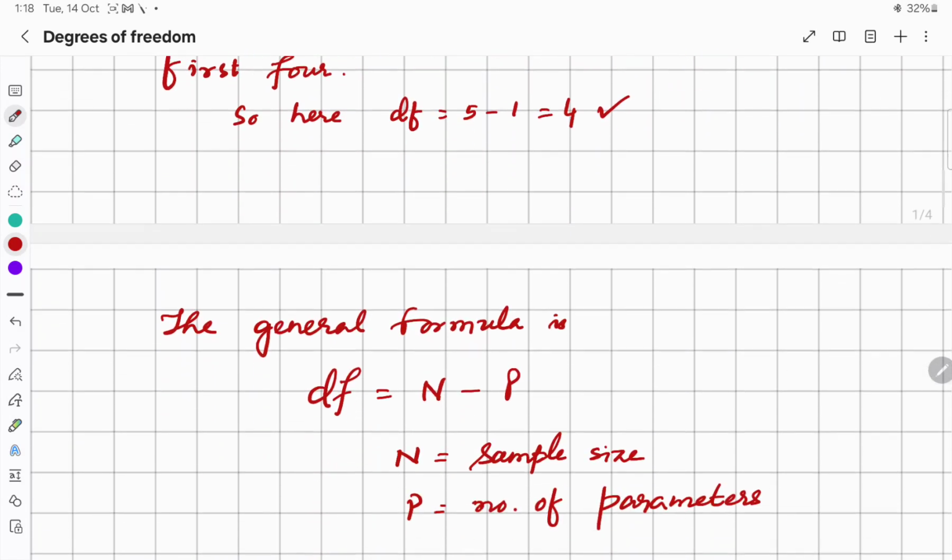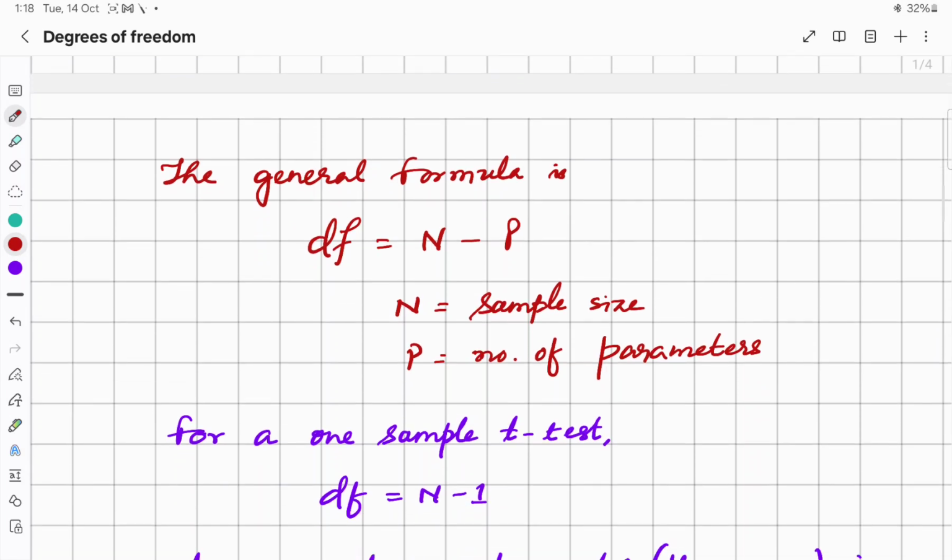So the general formula is degree of freedom is equal to n minus p, where n is the sample size. Suppose it is an animal experiment, and suppose we have taken in a group, say 6 animals, so n is 6. Then p is the number of parameters. You can refer to our earlier classes.